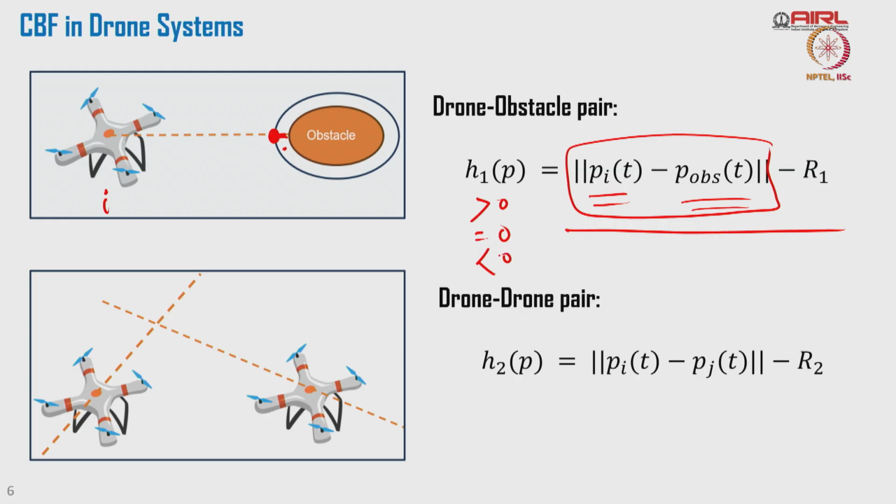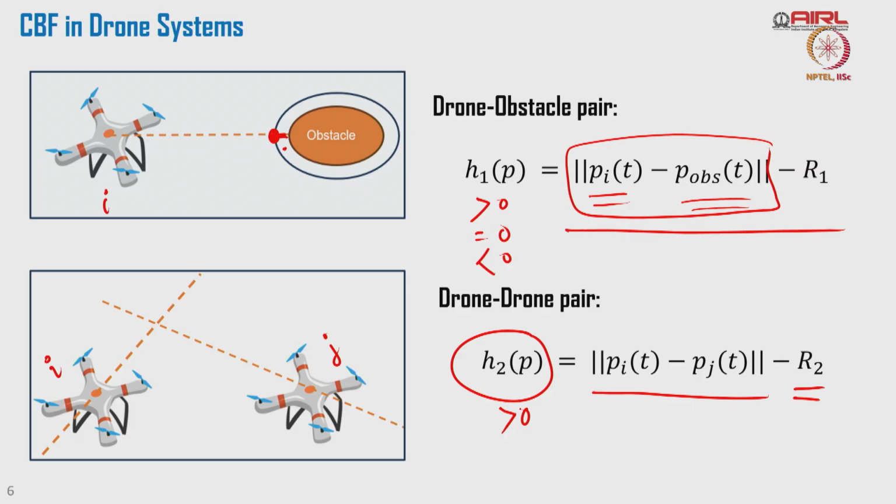Okay. Similarly, for a drone pair, just assume this is the ith drone and this is the jth drone. They have a distance among them like this, and we have a safety tolerance region which might be different from a drone-obstacle pair. Accordingly, we can form the drone pair control barrier function, which is h2p, and the idea will be to keep it greater than 0.